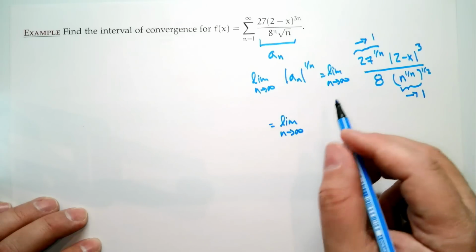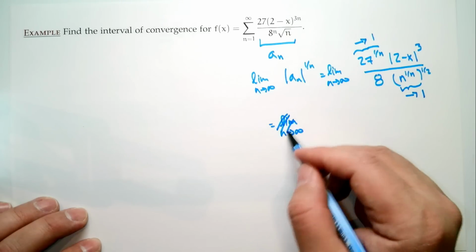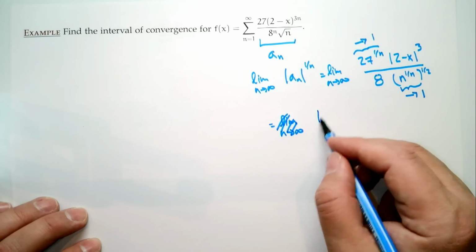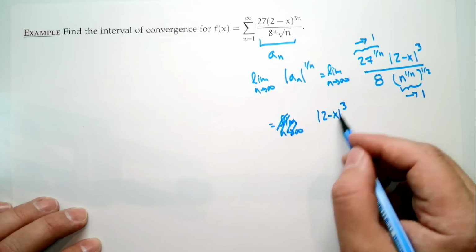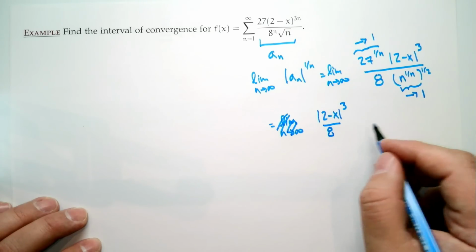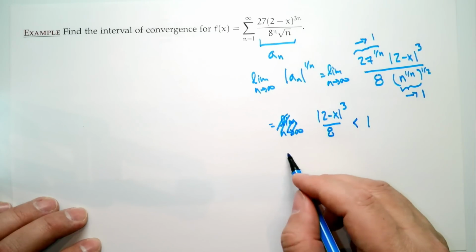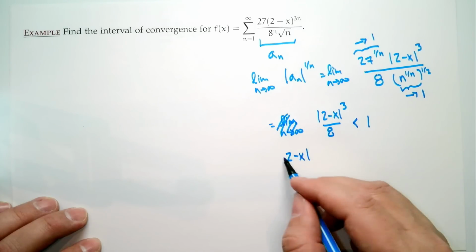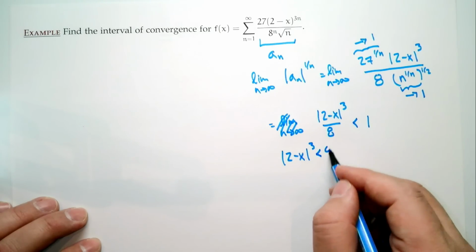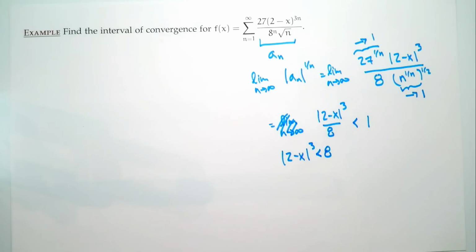There's no more limit, we already did the limit. So we end up with |2 minus x| cubed over 8. So this will converge when this is less than 1. So we get that the absolute value of 2 minus x, cubed, is less than 8. That's the answer for when it converges.